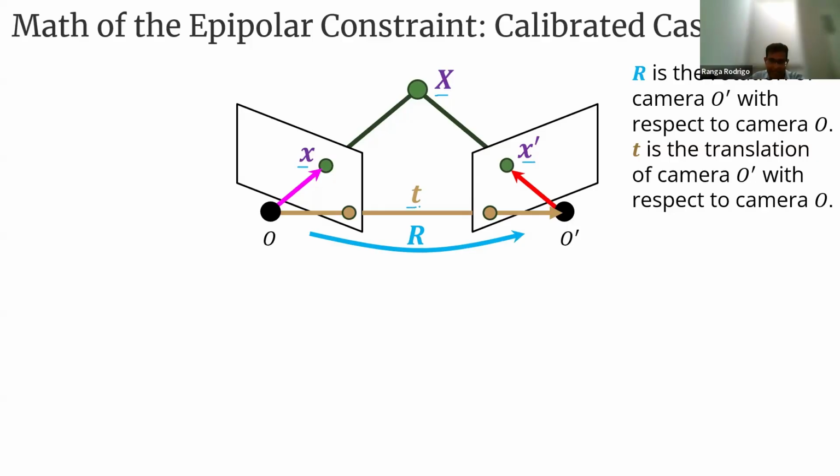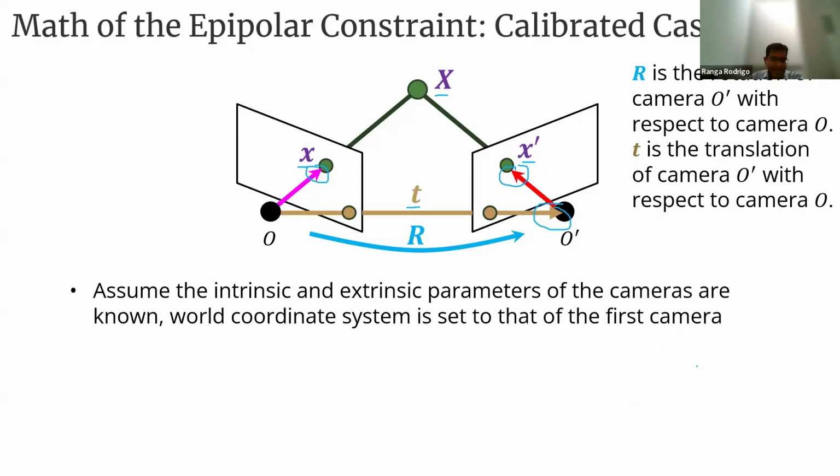T is the translation between the first camera and the second camera, that is, this vector. And R is a rotation. This is the vector x prime, this is the vector x. R is the rotation of camera O prime with respect to camera O, and T is the translation of camera O prime with respect to camera O.